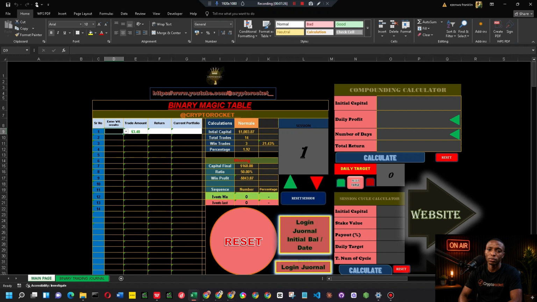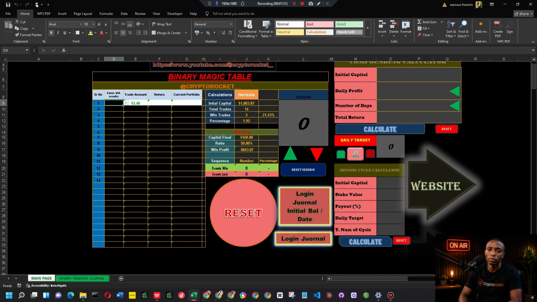That means if you go to another one, it will enter session two. If you go to another, it will enter session three. So this is the number of sessions you have traded in a day, and you can also reset it in this place. You can add and reduce with this button right here.